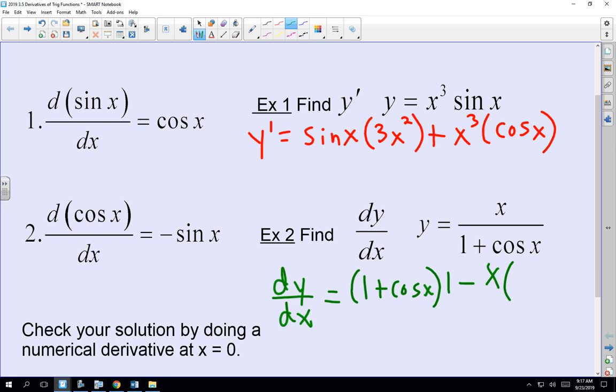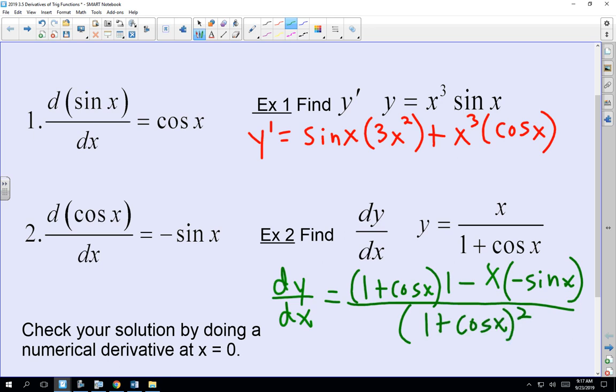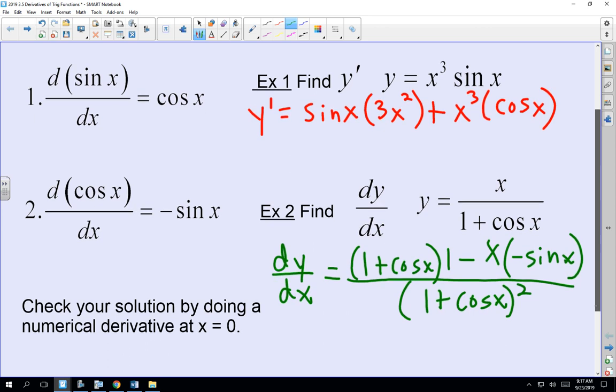So derivative of 1 is 0, derivative of cosine is negative sine x, and then all over 1 plus cosine of x quantity squared. You could clean that up.